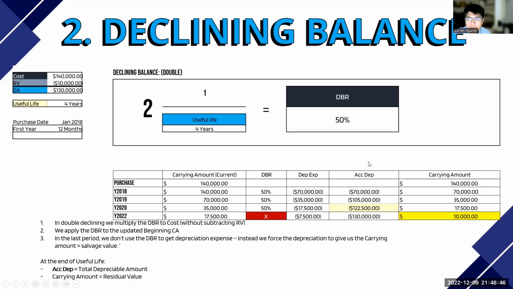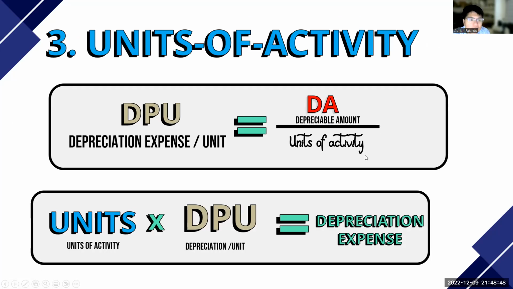Right? So last, units of activity. So units of activity, how do you solve for it? Basically, you want to get your DPU by dividing your depreciable amount by your units of activity, be it in machine hours, units, time, etc. And then you just multiply the units times the DPU to get your depreciation expense for that particular period.